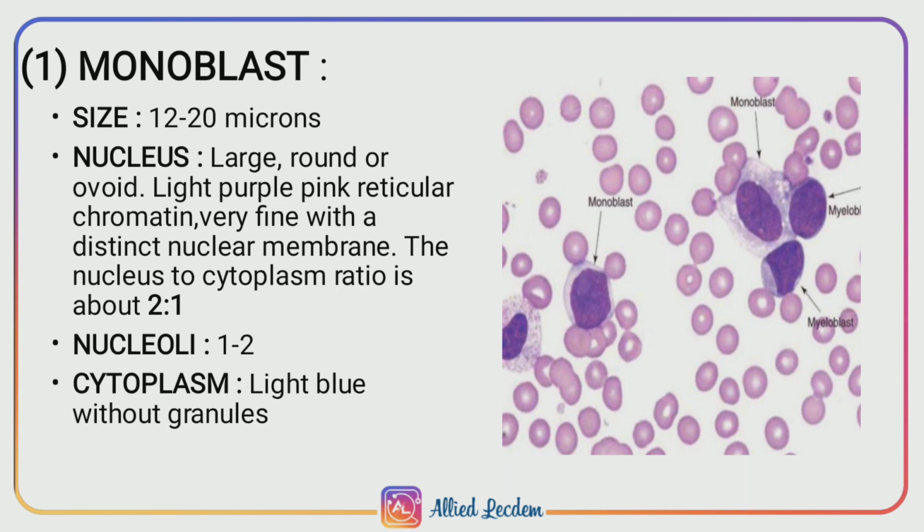The nucleus to cytoplasm ratio is about 2:1, and here the nucleoli is present about 1:2, and cytoplasm appears light blue without any granules.